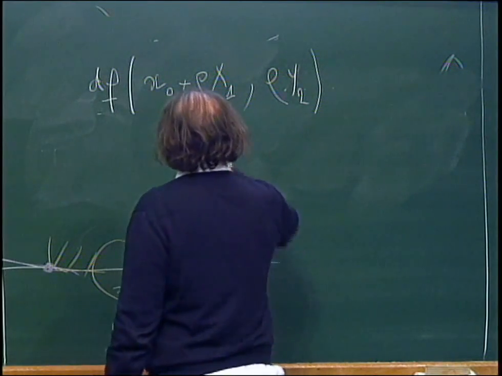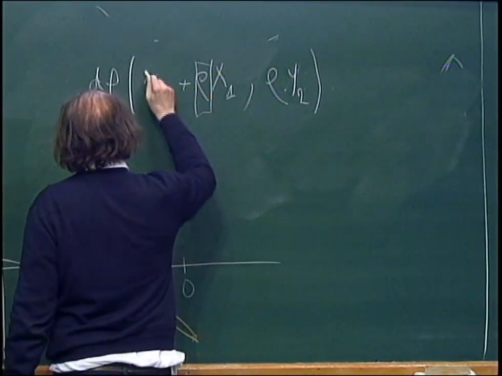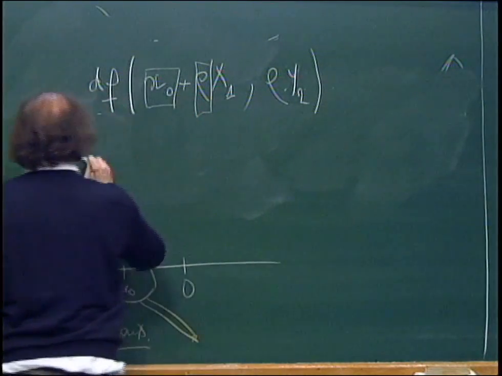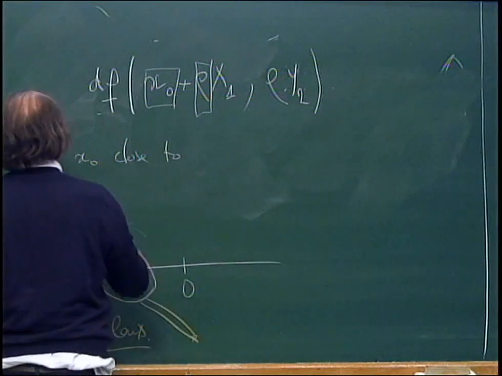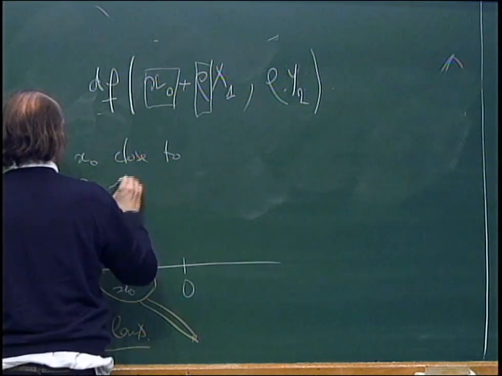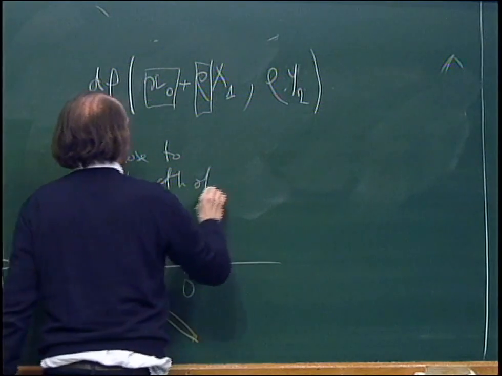And I would like to know what the right relation is between rho and x0 close to 0, and rho the strength of the length.